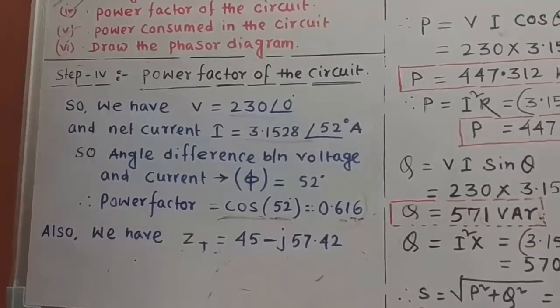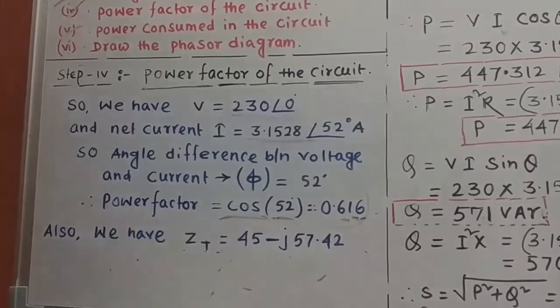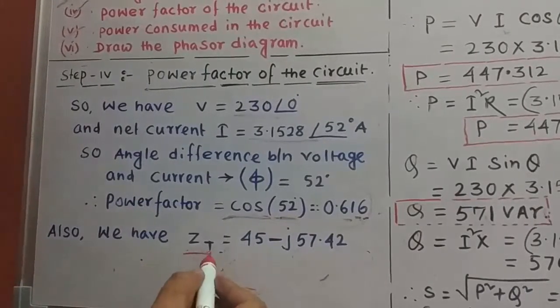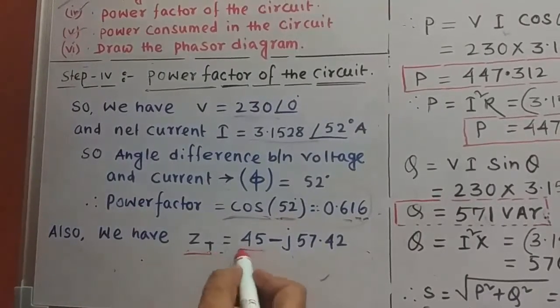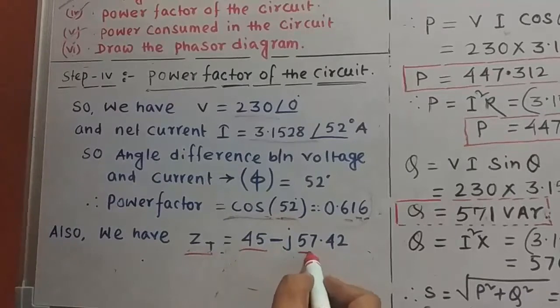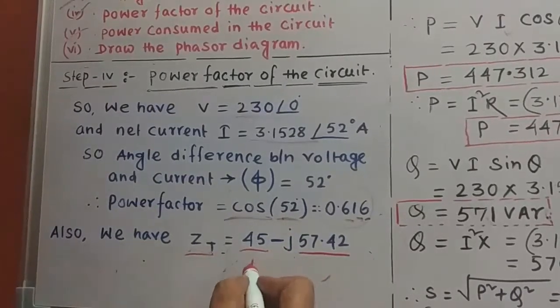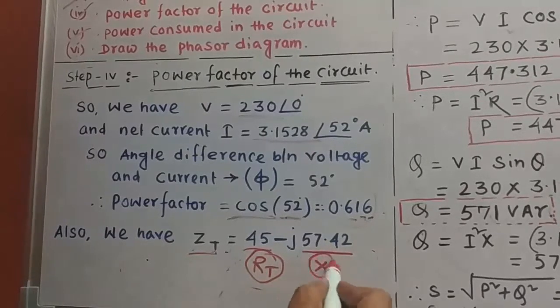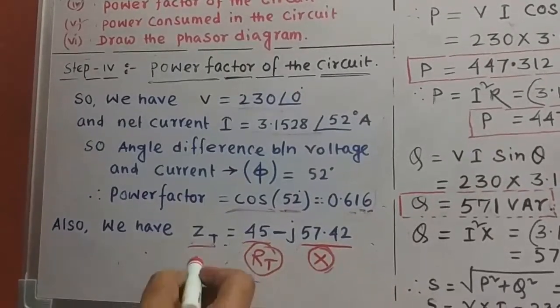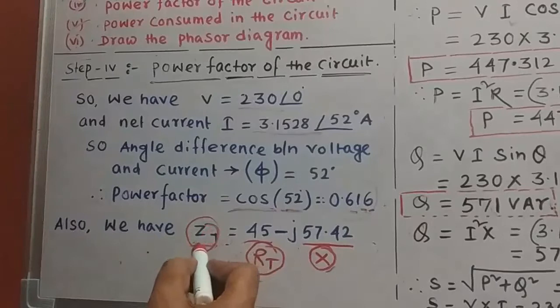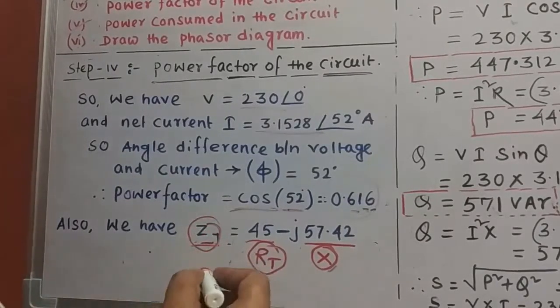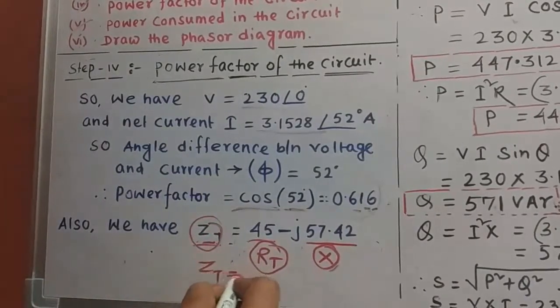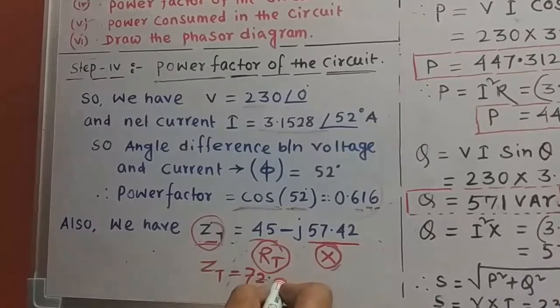In another way also, we have ZT, the total impedance of the circuit, which is 45 minus j57.42. This is the total resistance of the circuit, and this is the total reactance part of the circuit, and this is your ZT, which we have calculated as 72.95.